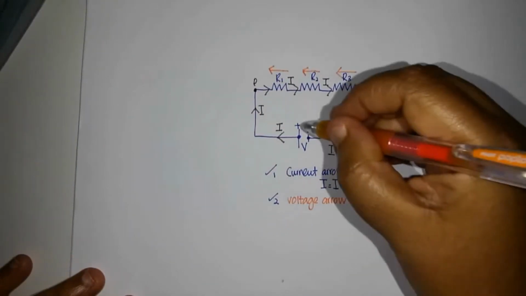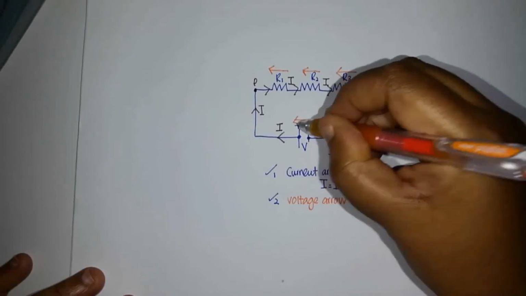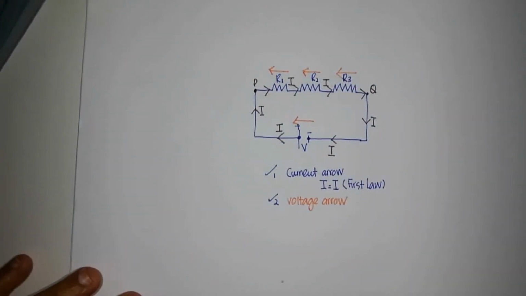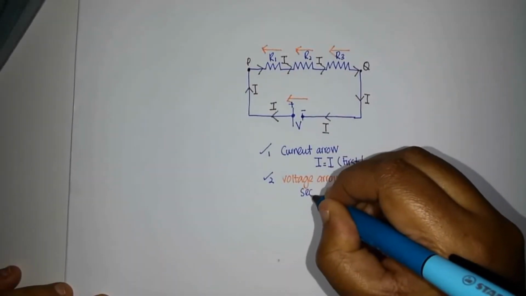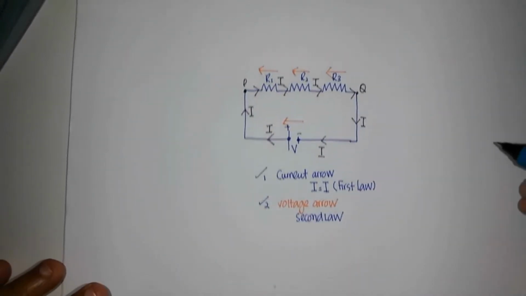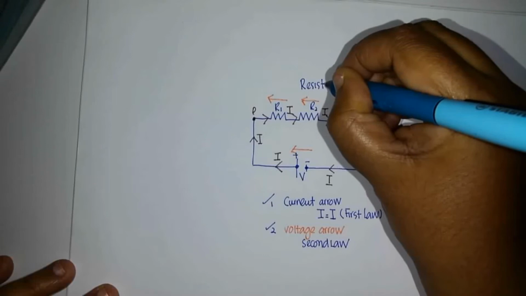And then here for the EMF, positive to negative, it will be in this direction. Once I've drawn the voltage arrows, I can apply Kirchhoff's second law. Just to make you all know, this is actually resistors in series.